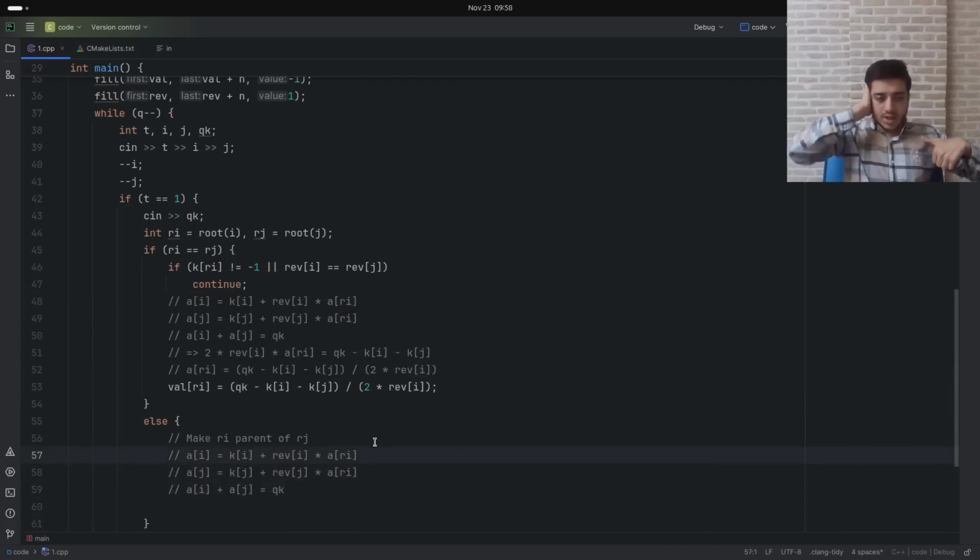So we know that, okay, and also there is a case that we already know the value of R J, and we need to set this value for R I to make sure that everything is working.